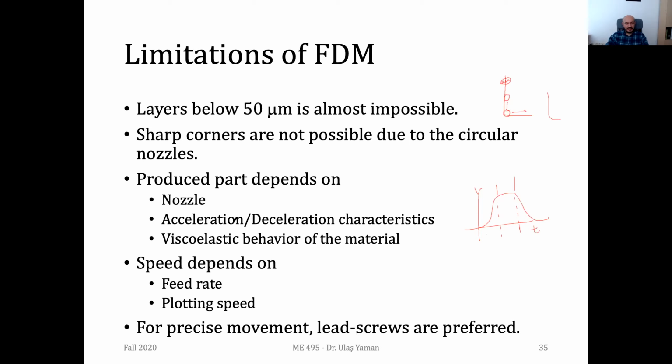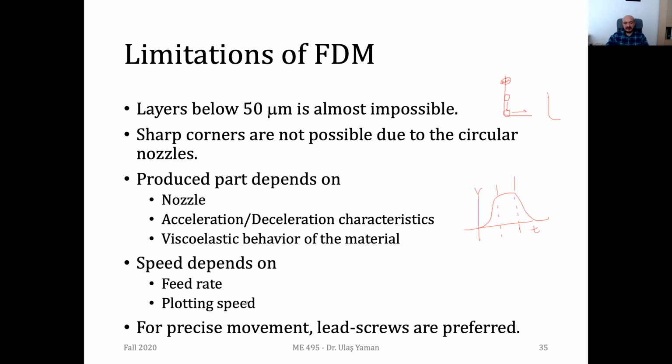Another important issue affecting the quality is the viscoelastic behavior of your material. And as you know, it changes with temperature. So we should have proper modeling and proper temperature control in the system. Otherwise, the quality again will be lowered. And this is somehow related to the previous things.